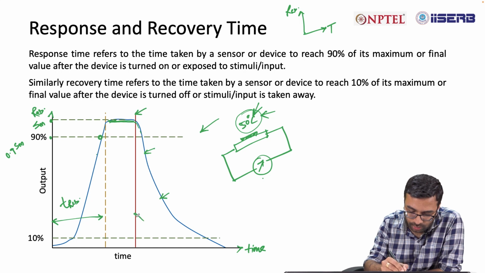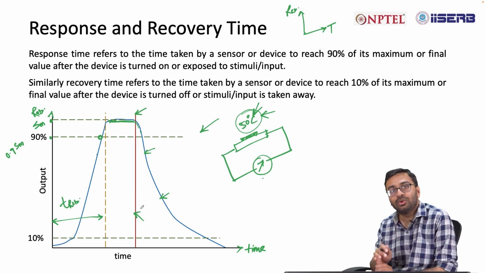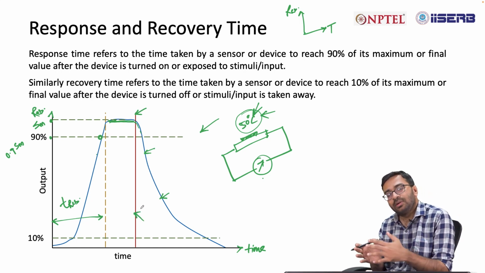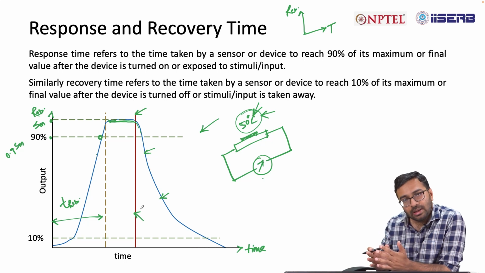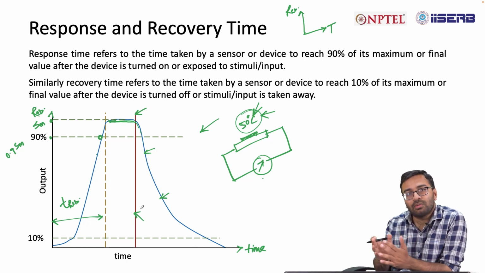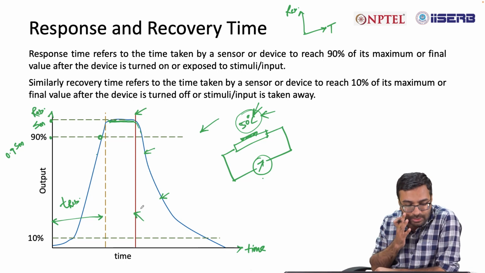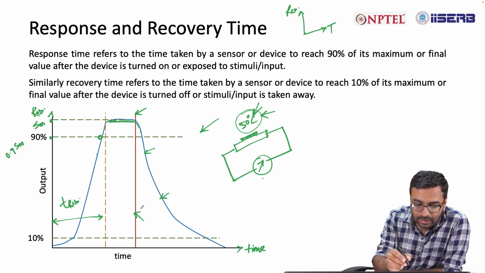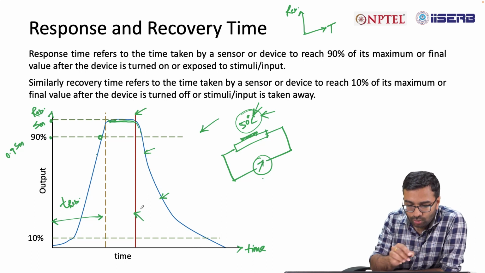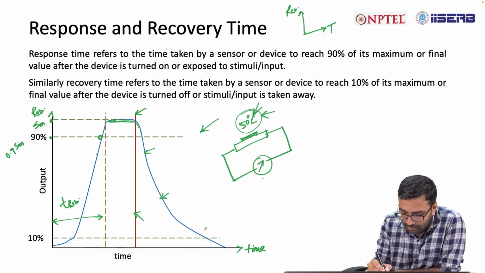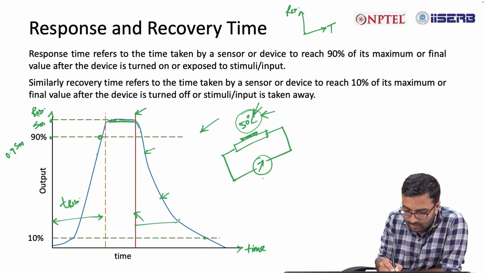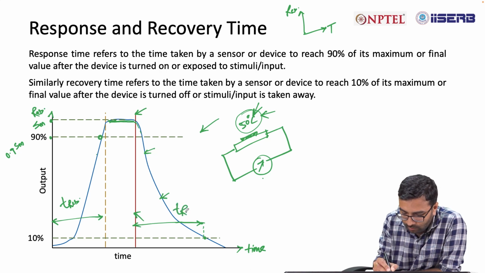This line shows the moment you have taken your stimulus away from the sensor, or the moment you have turned off your stimulus. The time the sensor takes to come back to 10% of its maximum value is known as recovery time.